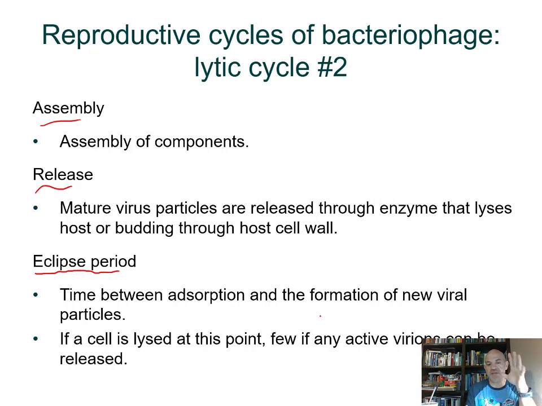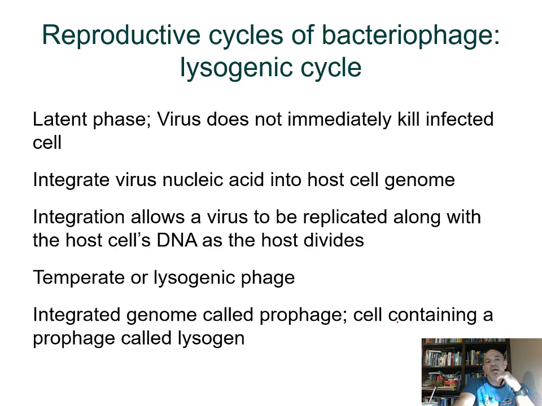They're not being released yet. If at any point during this time the bacteria cell lyses, which it tears apart for some reason, and the viral particles have not fully assembled, then you're going to have very few virions, which means they're not going to be active and able to infect other bacteria.